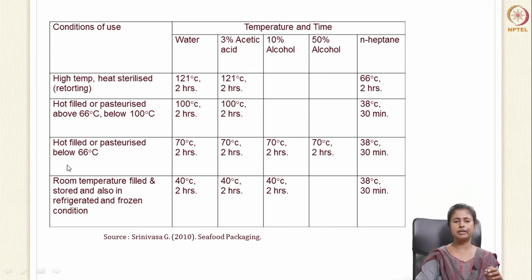Similarly, for each type of foods, suppose there are products which are room temperature filled and stored in refrigeration. What you use, if it's water based, you do the test at 40 degrees centigrade for 2 hours. If it's an acidic based product, use acetic acid at 40 degrees for 2 hours. So similarly, this table can be used to find out the conditions in which the pouch can be kept during the test.